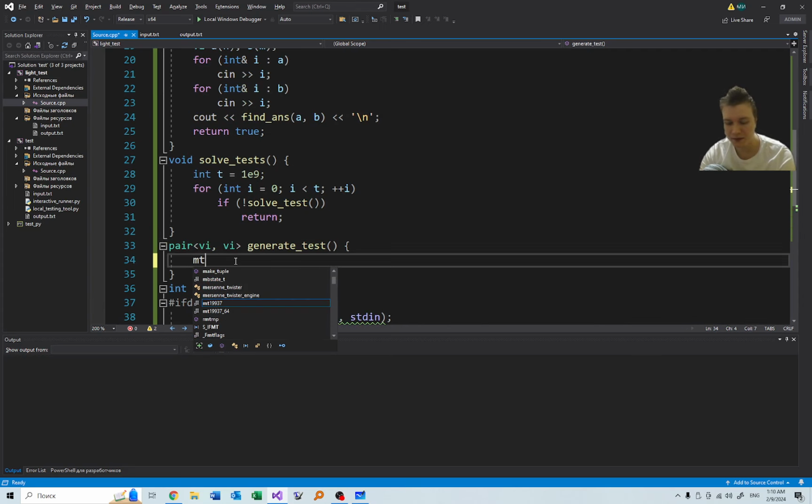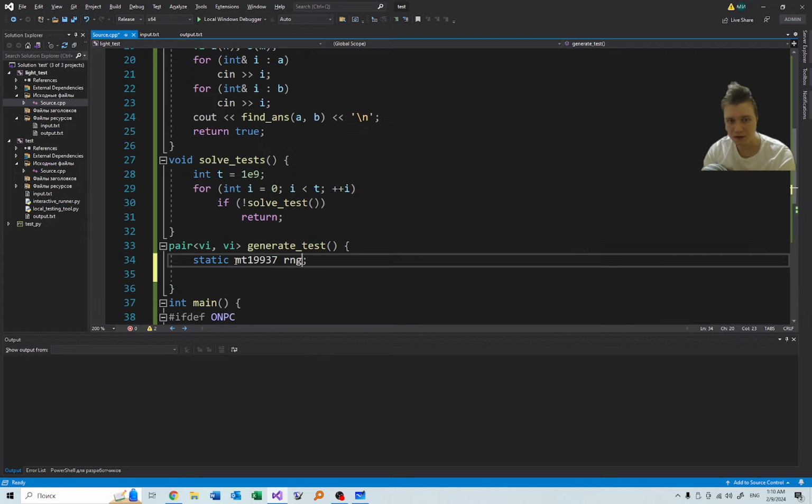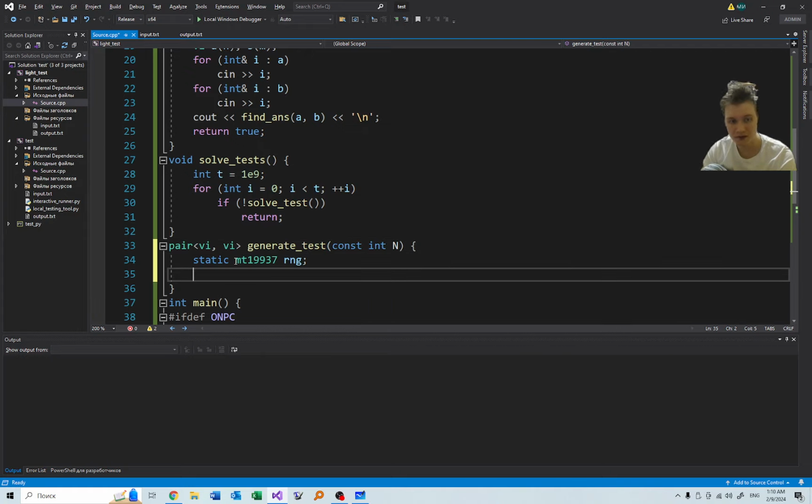Okay, here we create a static random number generator. Also, let's include the number n. And let's only create small tests so we can actually look at this rectangular matrix.